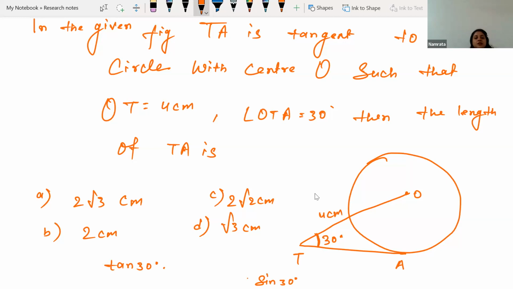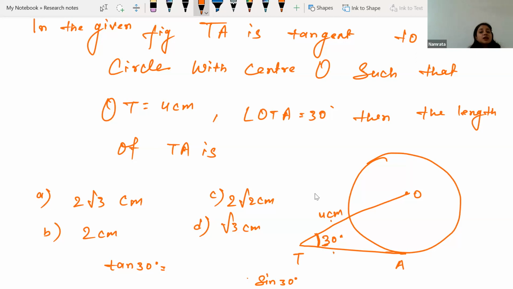Let's check what we can use. We have to find TA. If I focus on the angle, it is adjacent side and hypotenuse. Are you able to identify that adjacent and hypotenuse is included over here?